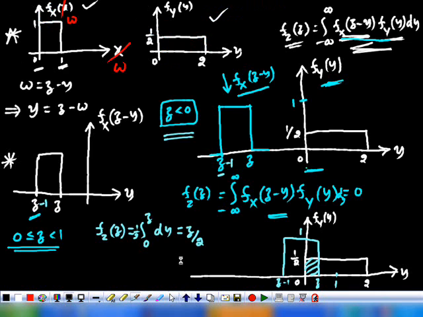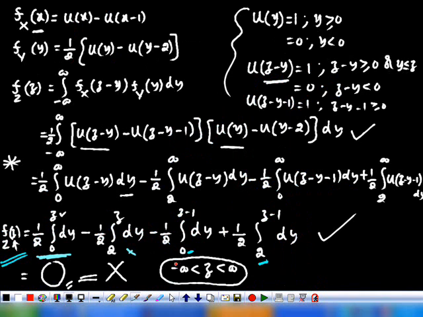So in this case, z is between 1 and 2. So 0 to 1 and 1 to 2 can be considered. And it is 2 to z. 2 is not included, so this can be eliminated. And 0 to 1, z is in between 1 and 2.